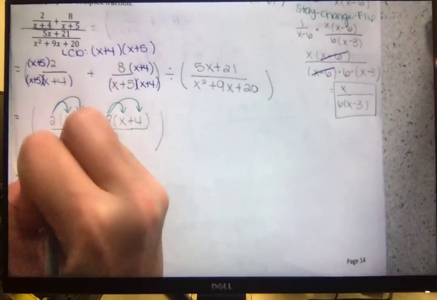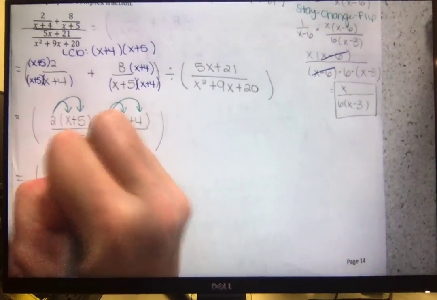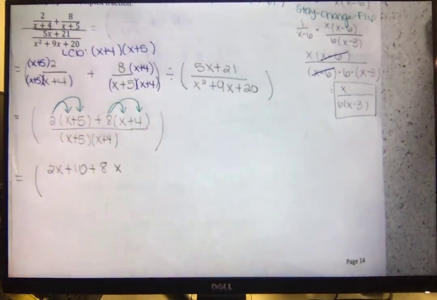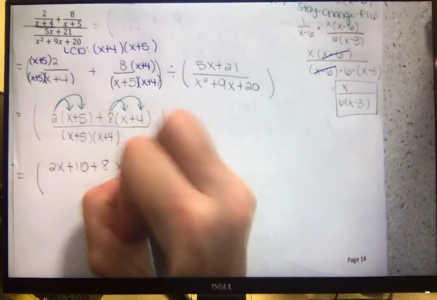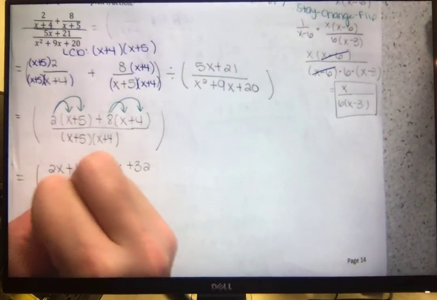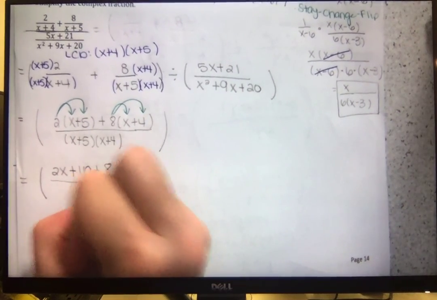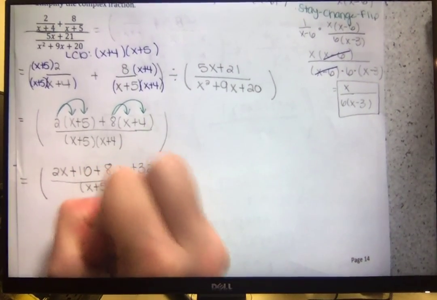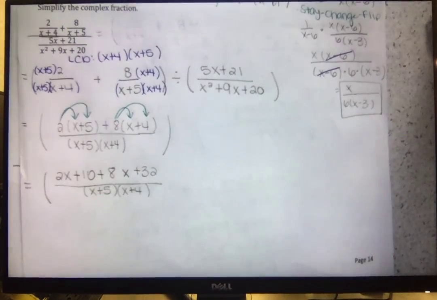So we have 2x plus 10 plus 8x. Oh, I forgot 32, sorry. Plus 32, all over x plus 5 times x plus 4.